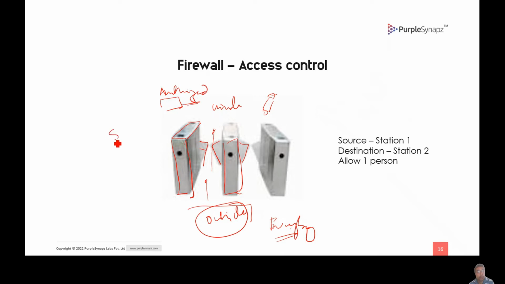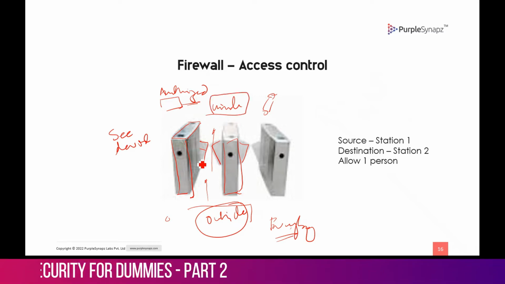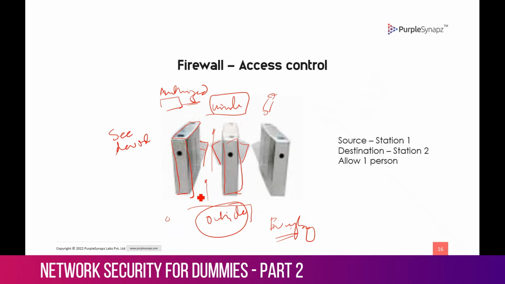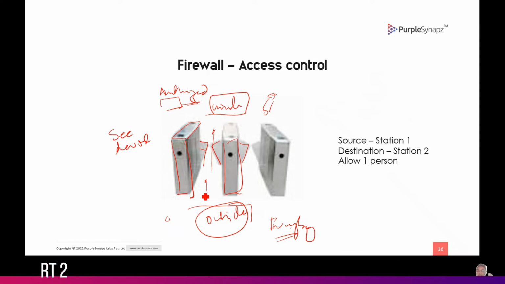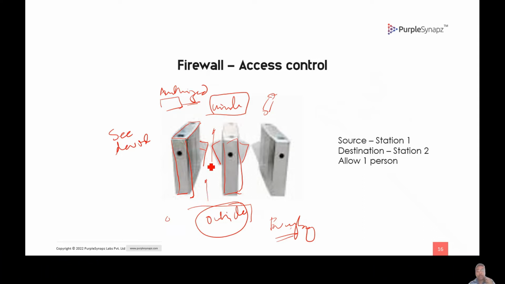So this is the security device which allows the authorized people from the outside world into a protected inside world, right? So you are the payload or the device or the packet or the data which is going from outside to inside, and you are being stopped by this device.